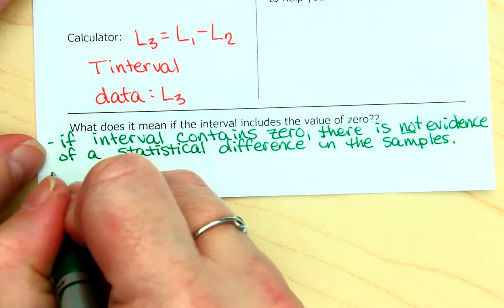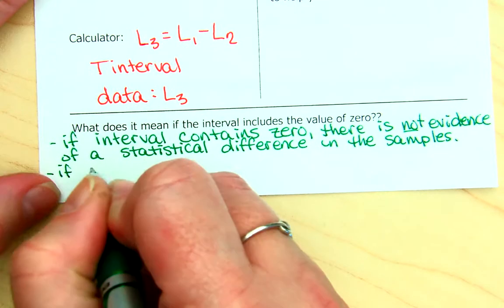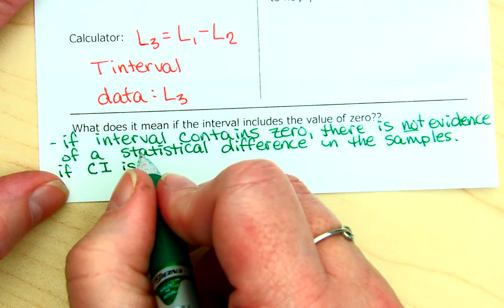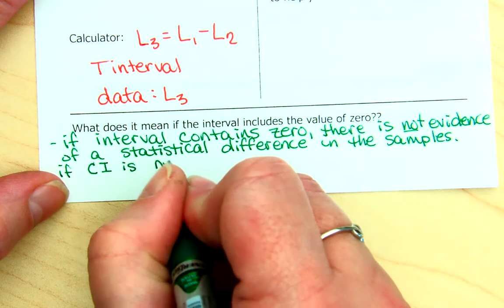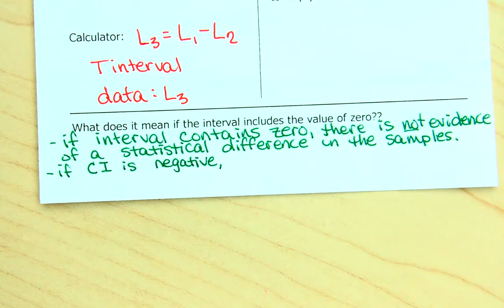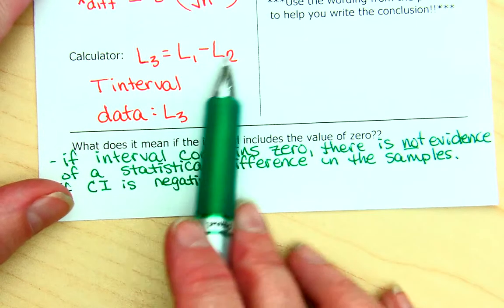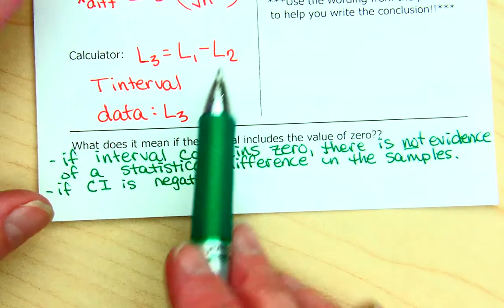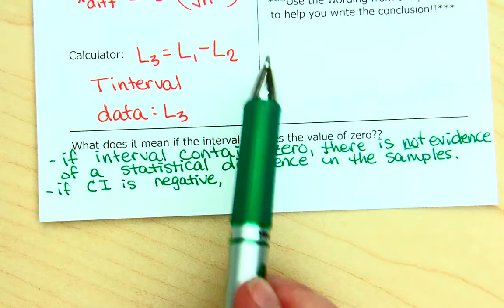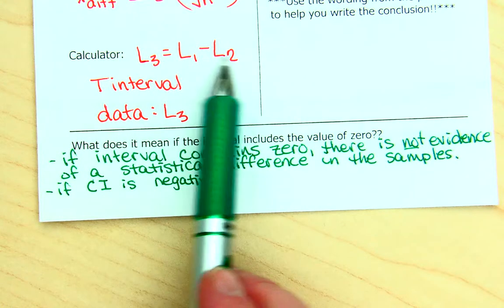So what if the confidence interval is negative? If the entire interval is negative, what does that tell us? Yeah, if we look at our order of subtraction, if we are always getting a negative value, then which one of these had to be larger?